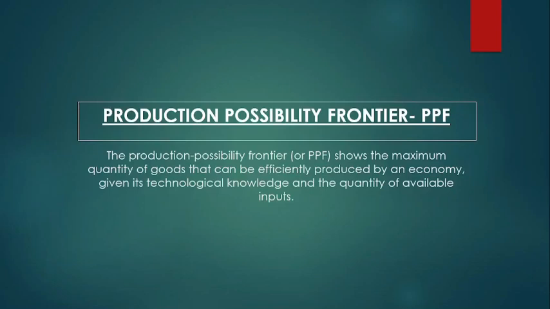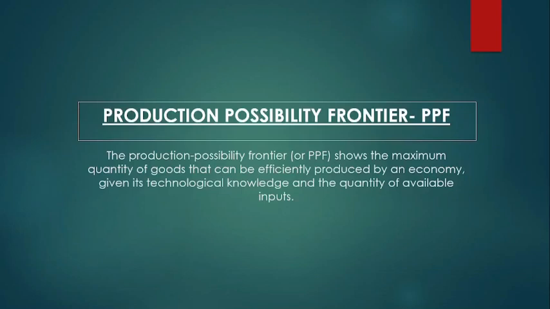The PPF is typically depicted as a curve on a graph with one good or service on the x-axis and the other on the y-axis. The PPF demonstrates the concepts of scarcity and opportunity cost in economics.